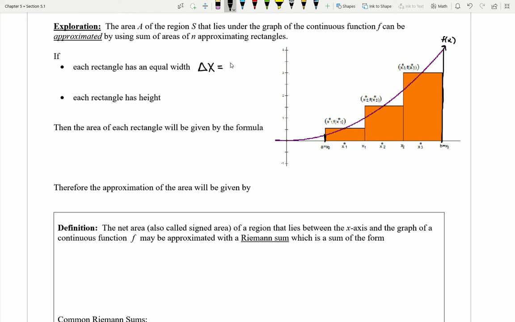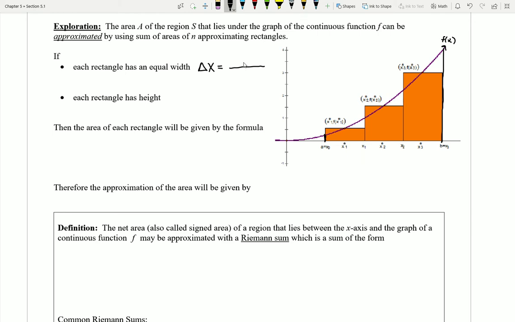So if I wanted to figure out how wide a rectangle was going to be, there is a really easy way that I could calculate it. The first thing I could do is just note how long my interval is in general, right? If my interval is, say, something like 10 units long, and I want to fit 2 rectangles in there, I could just say, well, I have a space of 10, and I want to divide that into 2 equal pieces, 10 divided by 2.